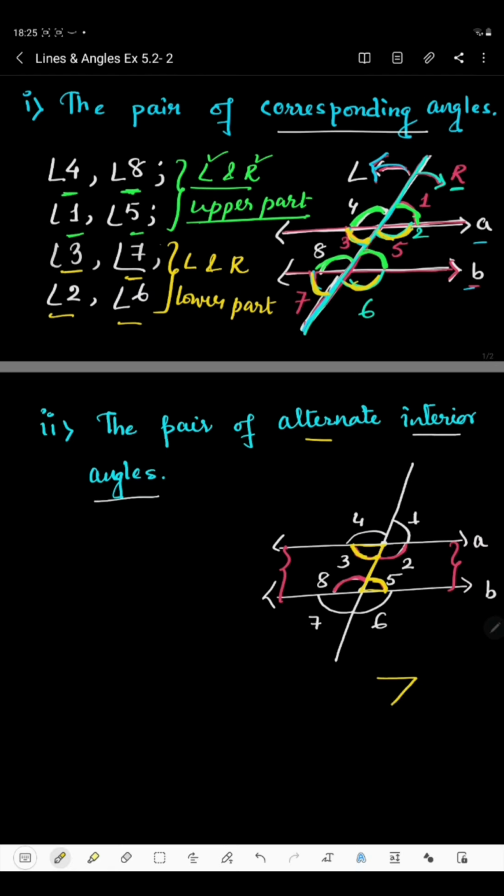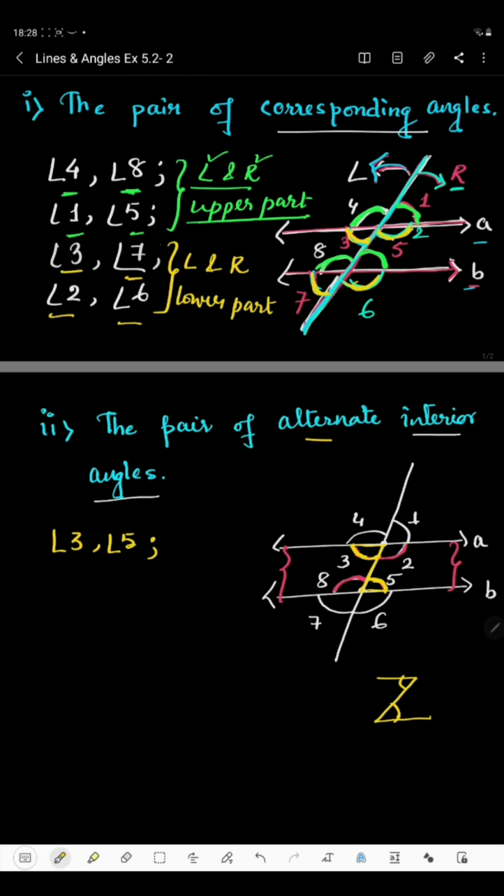See, this is called alternate, okay. So here angle 3 and angle 5 is one pair of alternate interior angles. So what is the another pair of alternate interior angles?